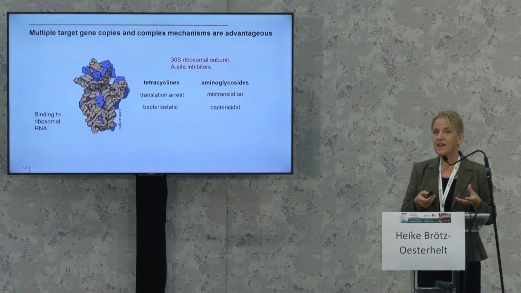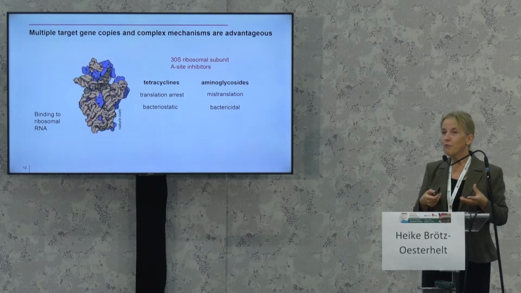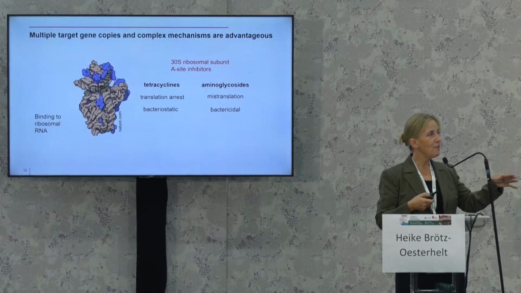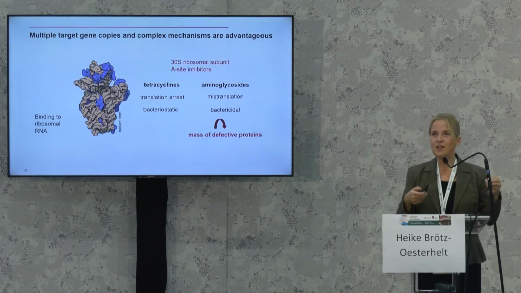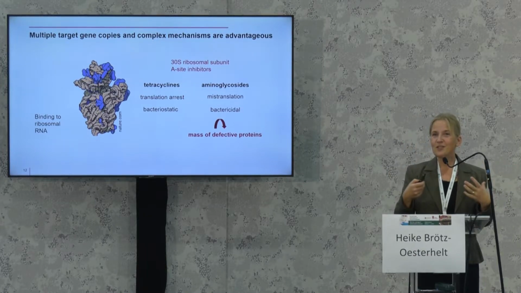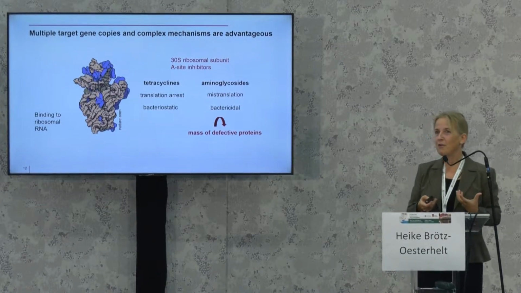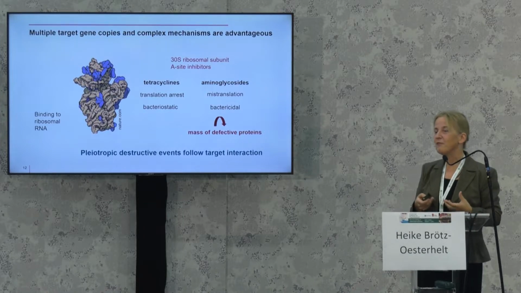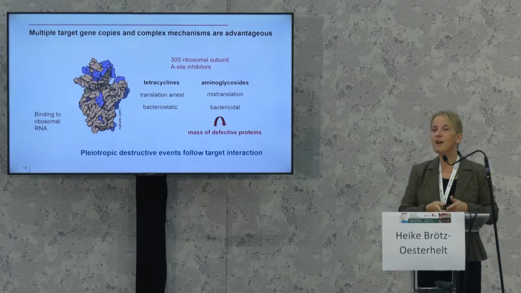Sometimes there is an amino acid lacking from the nutrients in the environment, and then the cell goes into a stringent response. While when you make rubbish proteins, there is such a mess in the cell, and that affects every pathway, and that is a pleiotropic destructive event that follows downstream of the actual target interaction.